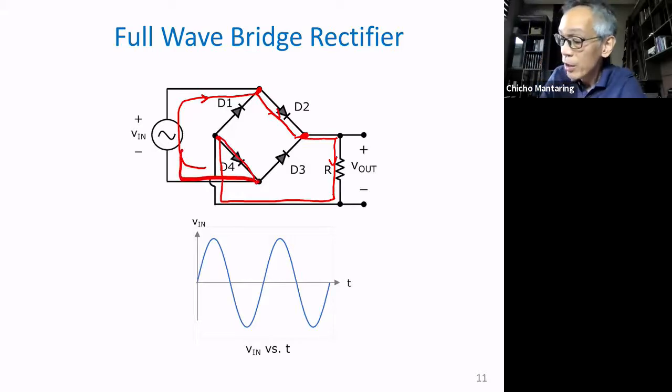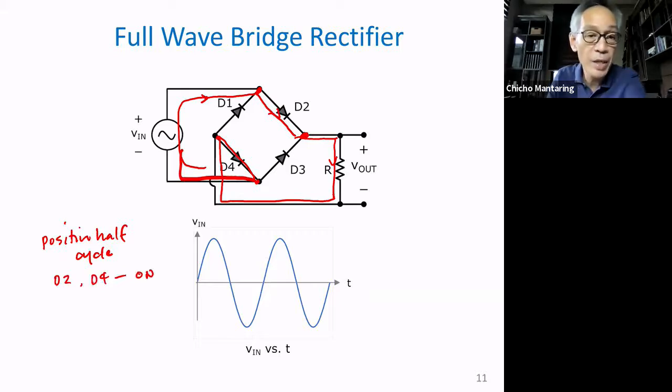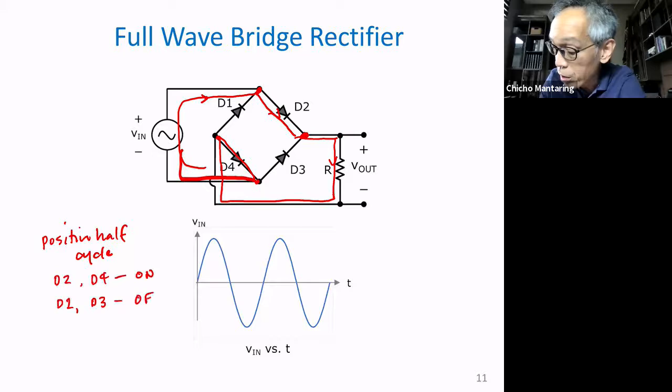So during the positive half cycle, we see that D2 and D4 are on. I'm just using that as a shortcut for conducting. And D1 and D3 are off.